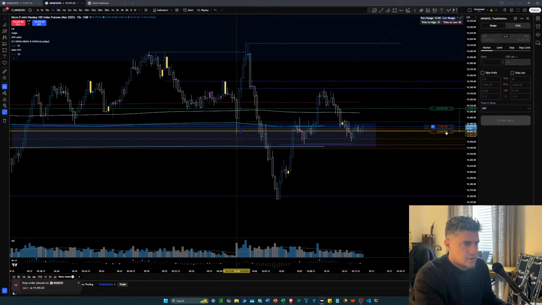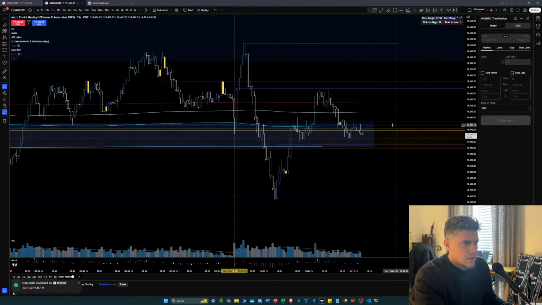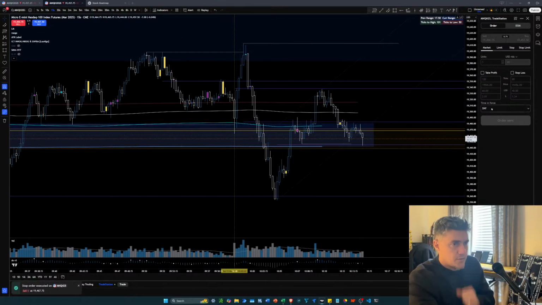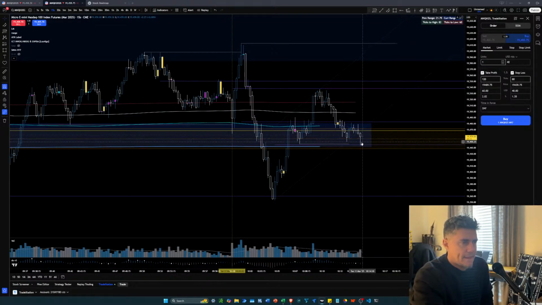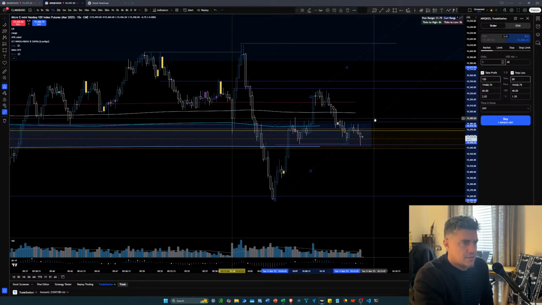Terrible, Phil. Barely long trigger here, Doji. Worth a shot in my book for this to shoot up. Worth a shot. That's going to be a lot of risk.